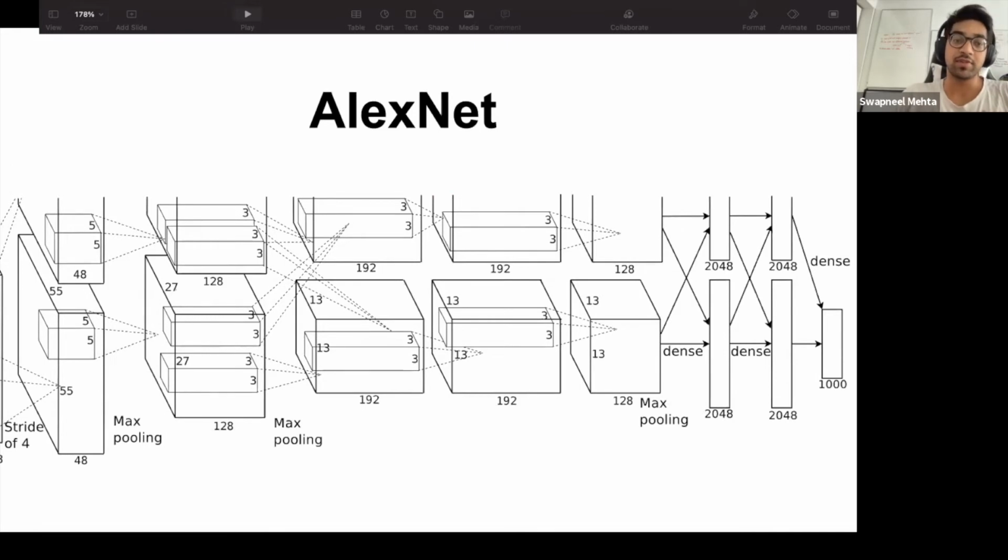So with AlexNet, the architecture, if you look at this, it seems sort of similar to LeNet, where there are some convolutional layers, there are some max pooling layers. The layers are followed by the same dense layers that we had before, except now these are just much, much bigger layers. So now you can see that this is going to a 2048 fully connected layer, and another 2048 before dumping down to 1,000 fully connected layers.